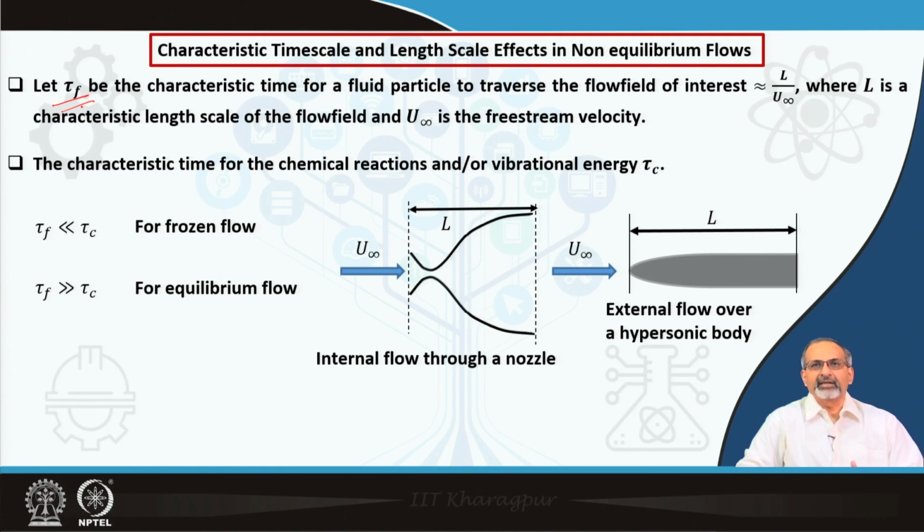Depending on the cross sectional area change of the nozzle, the velocity will change from point to point. So, you essentially have a length scale and a velocity to define the time scale here, tau f, associated with the flow.